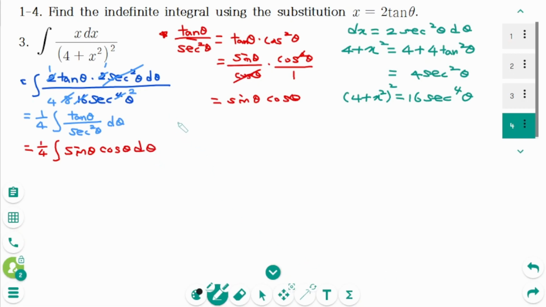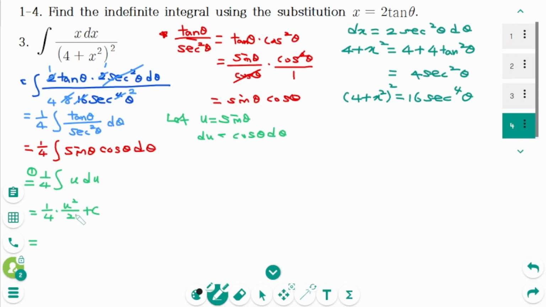The first, let u equal sine theta, then du equals cosine theta d theta. Then 1 over 4 integral of u du equals 1 over 4 u squared over 2 plus c.